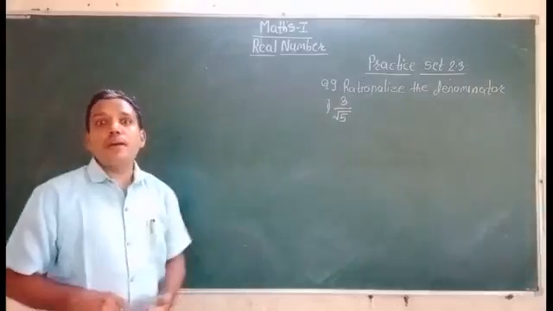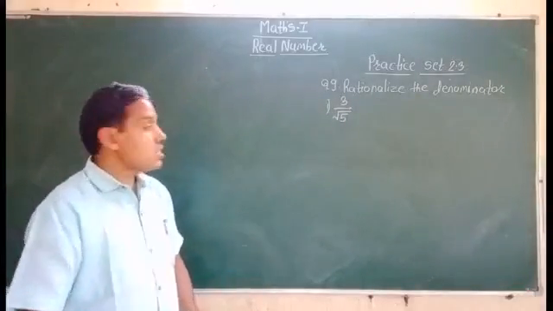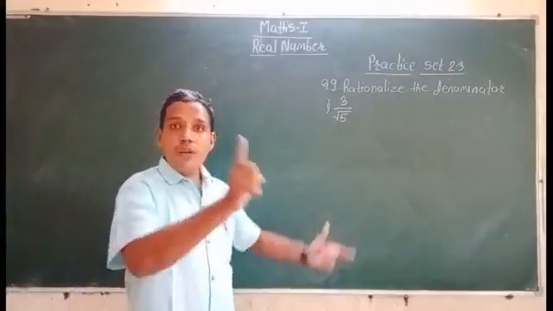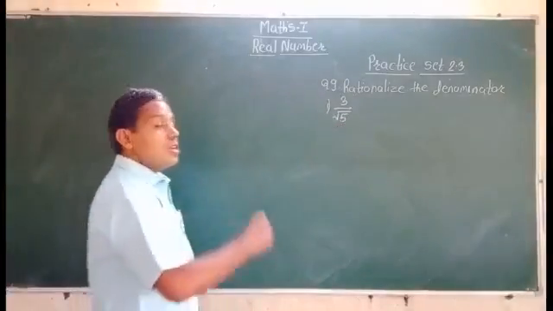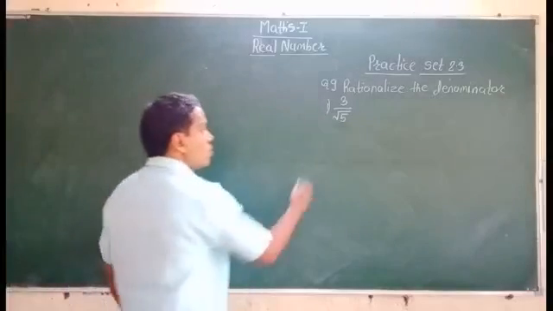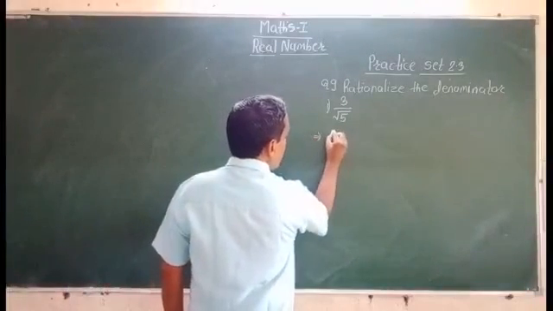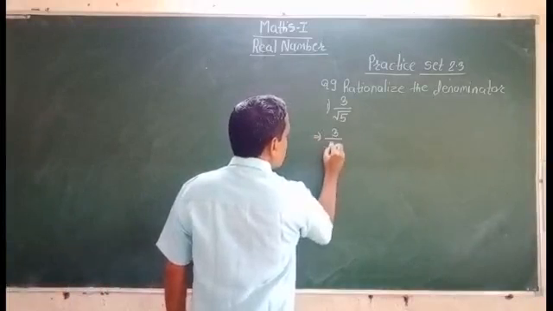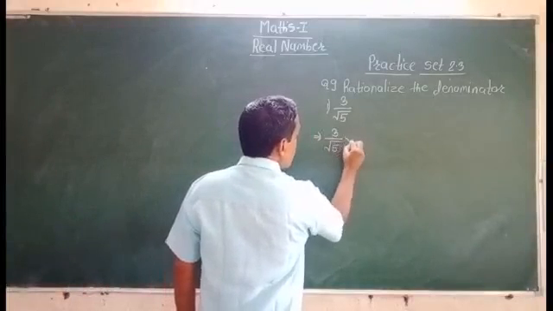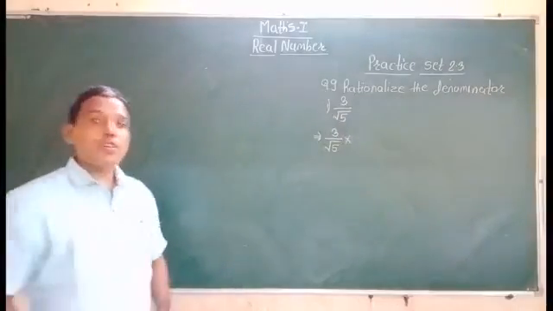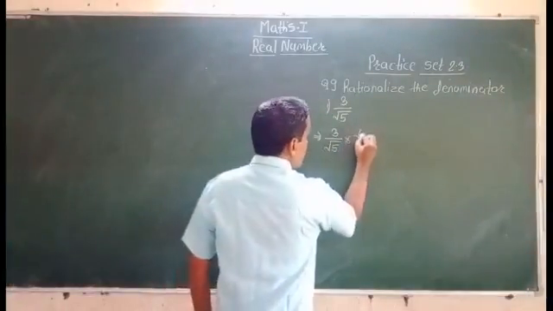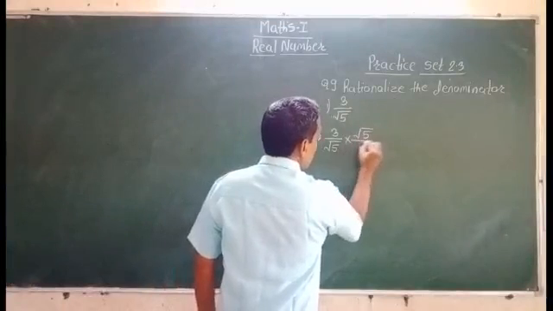So think about it: which number converts root 5 into a perfect square number? It is root 5. So we multiply 3 upon root 5 by root 5 upon root 5.